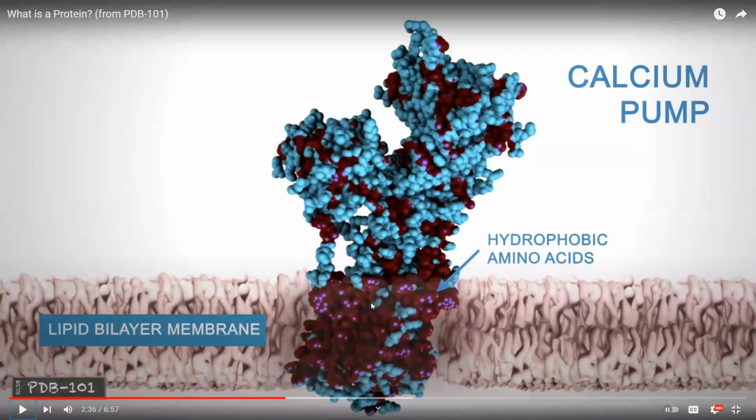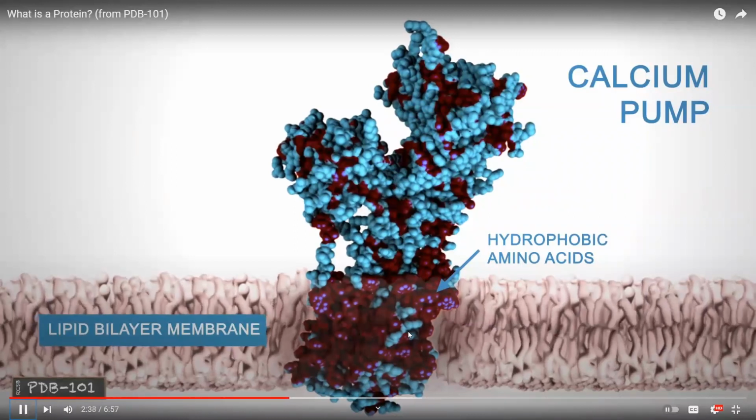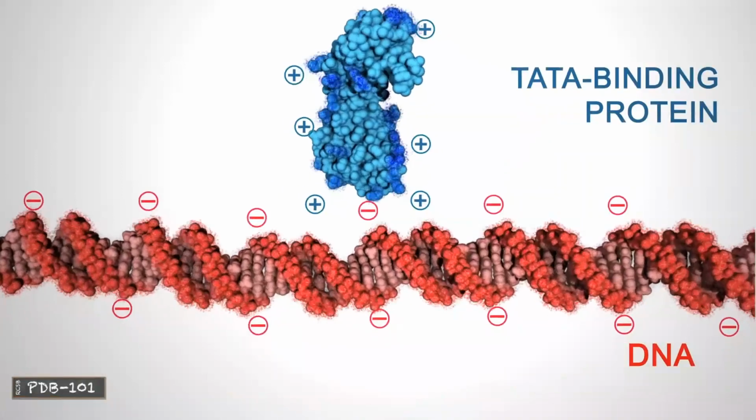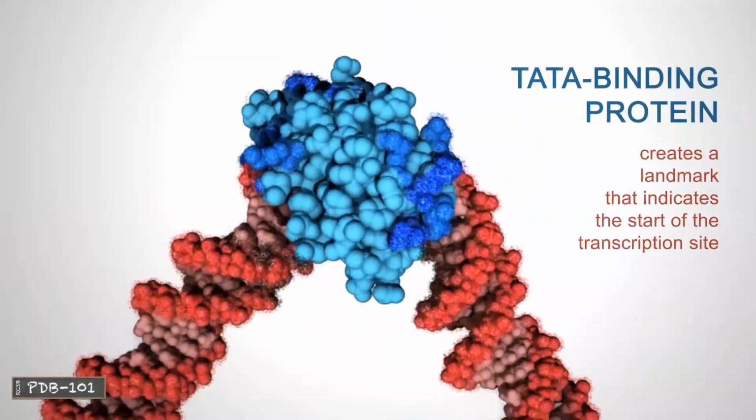And in that case, you see that in the lipid bilayer, where the amino acids are protected from interacting with water, is exactly where those hydrophobic amino acids like to concentrate. Oftentimes, the part that's actually passing through the membrane is lined with hydrophobic amino acids, so that hydrophobic side chains can interact with the lipids in the membrane. Charged amino acids allow proteins to interact with molecules that have complementary charges.